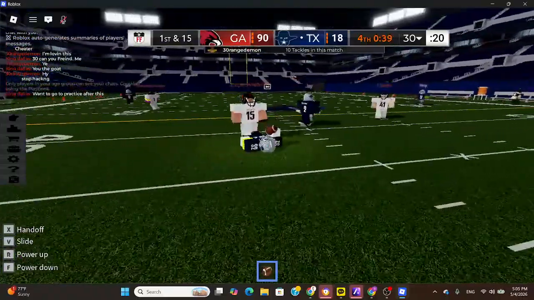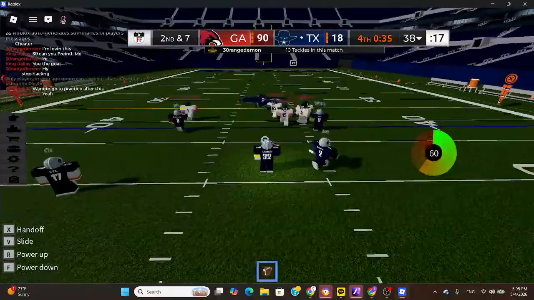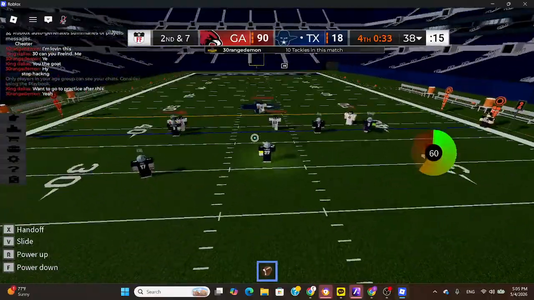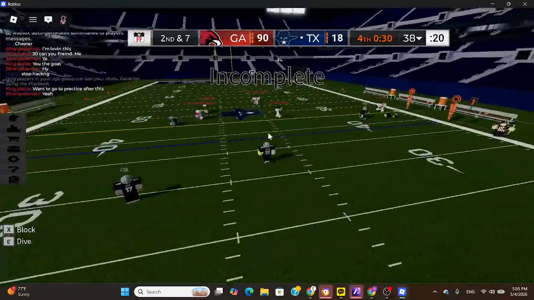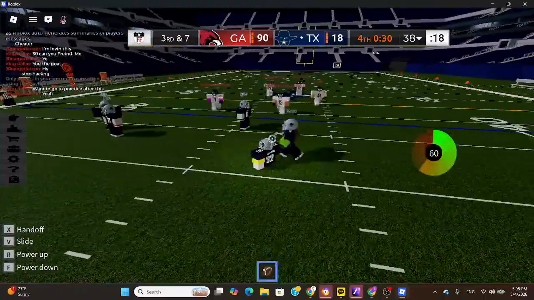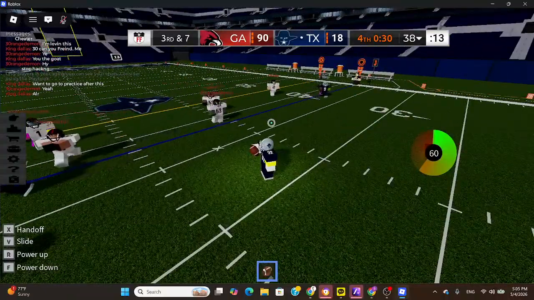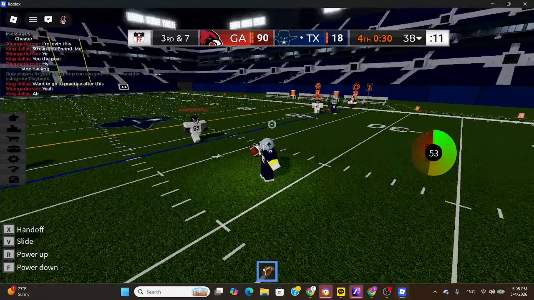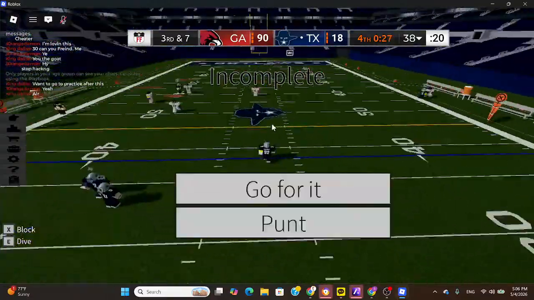A quick 8-yard gain. Cause there's a cheater, bro. I don't want to play with no dog.